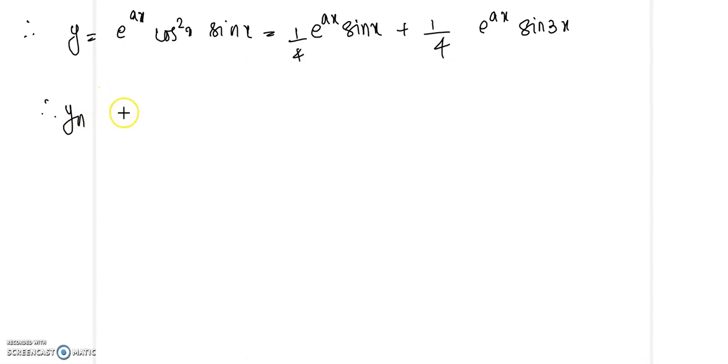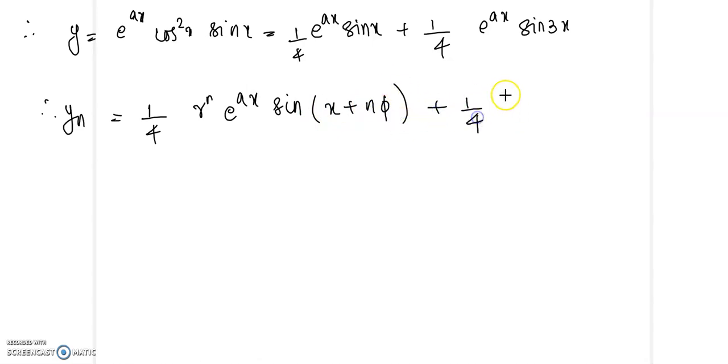The nth derivative will be 1 by 4 r raised to n e raised to ax sin x plus n phi, plus 1 by 4 r raised to n e raised to ax sin 3x plus n phi.